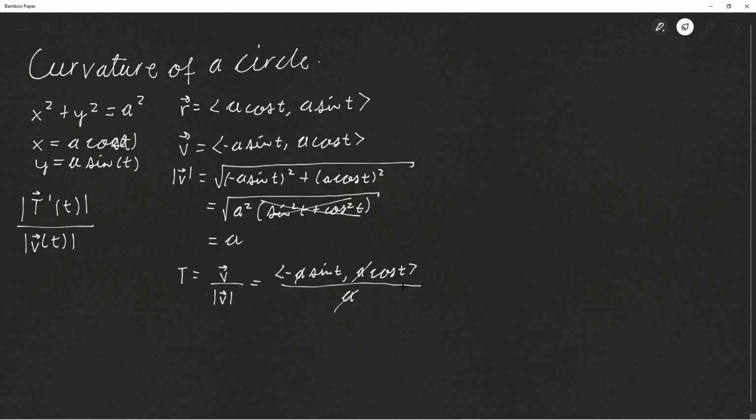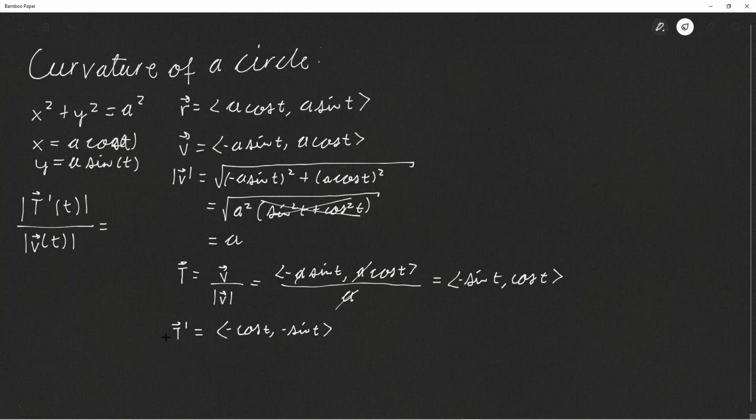So we can cancel all the a's, so this will be equal to negative sine of t, cosine of t. And now we need to find the derivative of the tangent to get one step closer to finding our curvature. So now this is just going to be equal to the derivative, which is going to be negative cosine of t and negative sine of t.